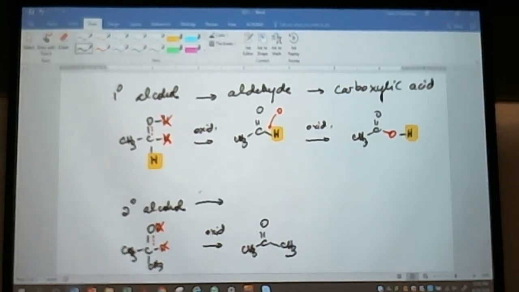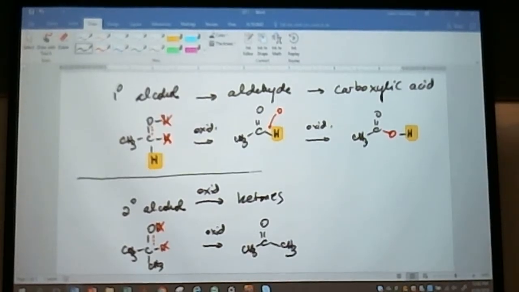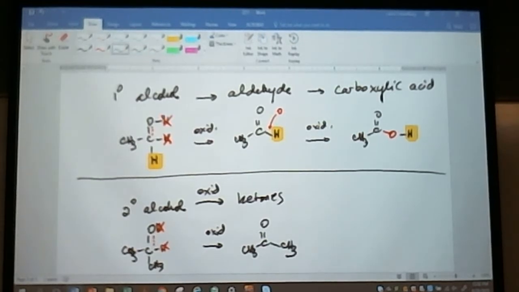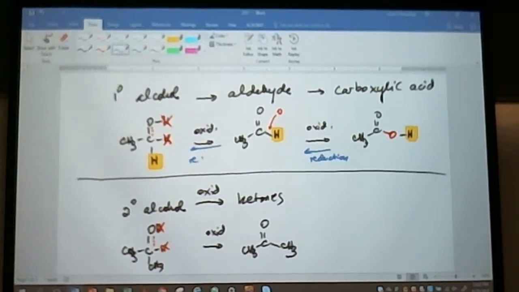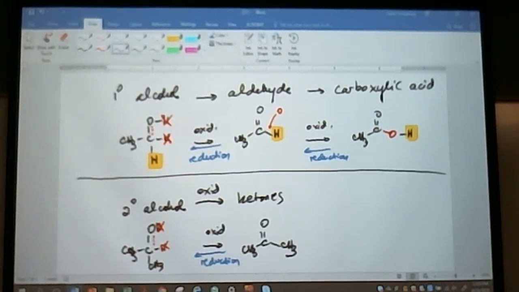So secondary alcohols are oxidized to ketones. Of course, the reverse is true. So carboxylic acids are reduced to aldehydes, and aldehydes are reduced to primary alcohols, and ketones are reduced to secondary alcohols. Okay?